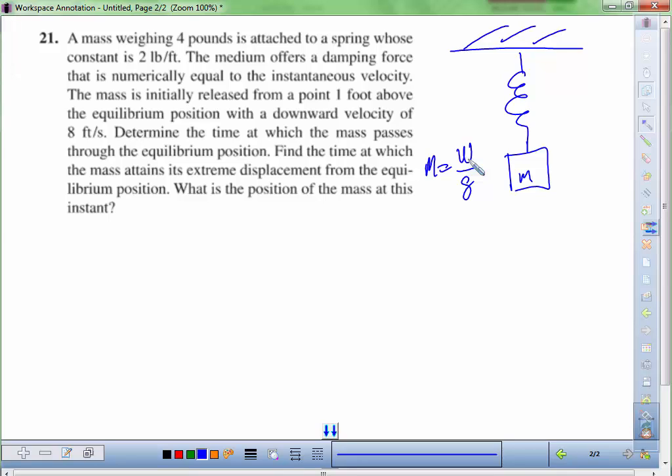Have you heard of slugs? If you come from UCSC, then yeah, banana slugs. So I think that was our error in finding the mass.